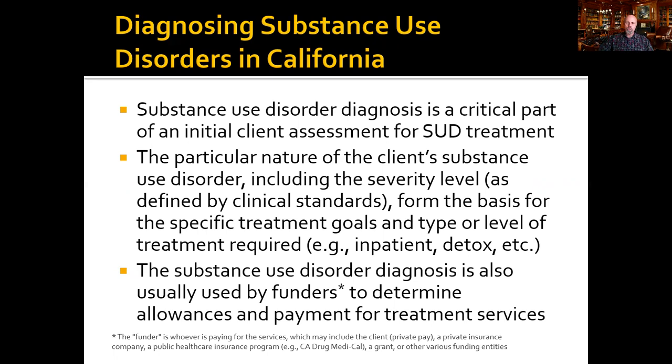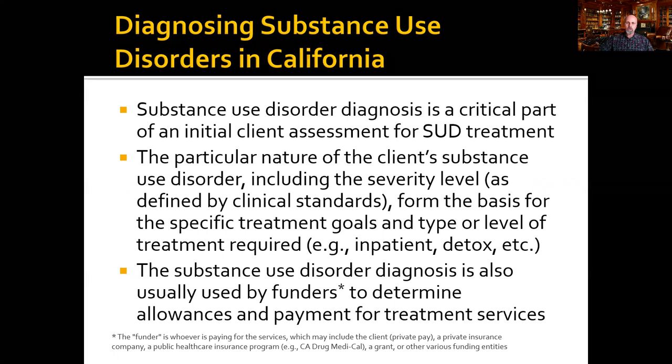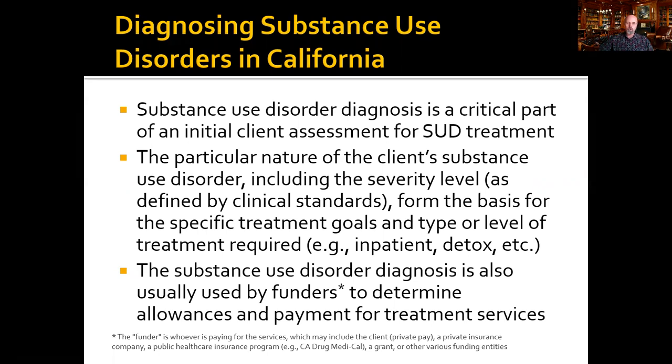So depending upon where you work, the funder may be the client themselves. So if it's a private pay facility, the funder may be a private insurance company like Blue Cross Blue Shield or Kaiser Permanente. The funder could be a public healthcare insurance program like California State Drug Medi-Cal, which is an insurance program for lower income people or people below a certain income threshold.